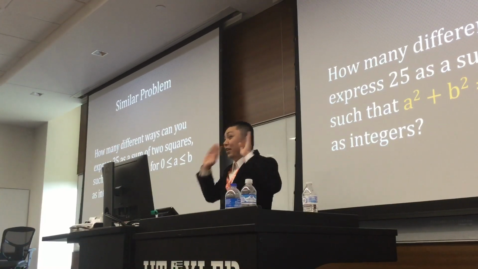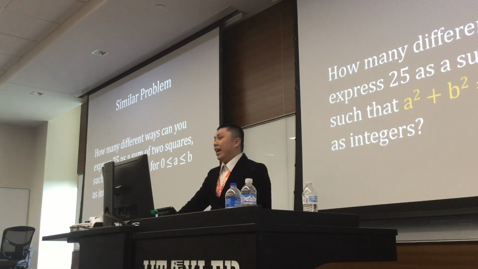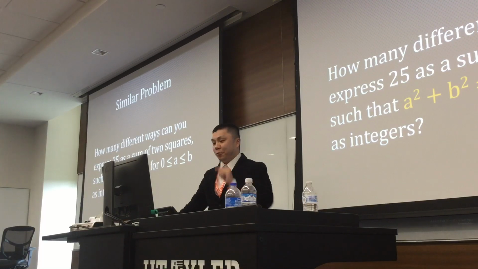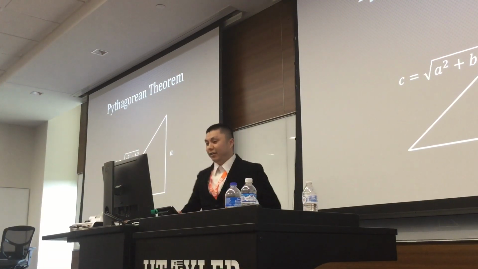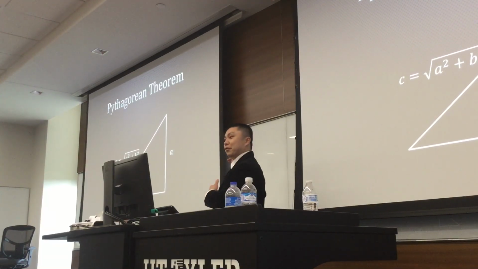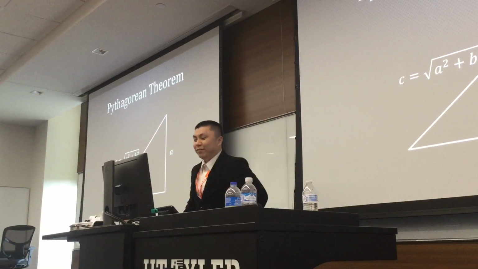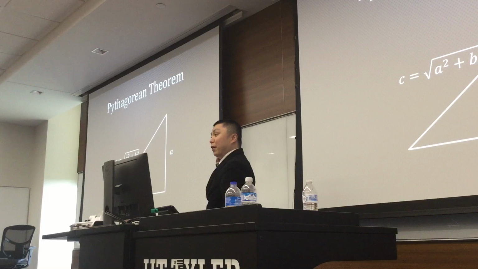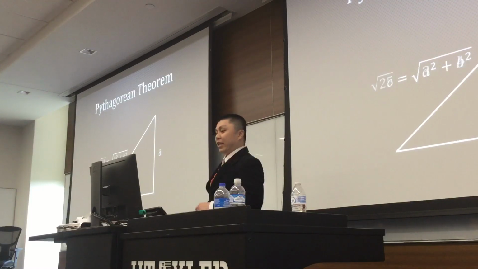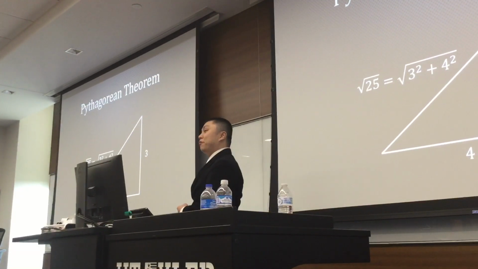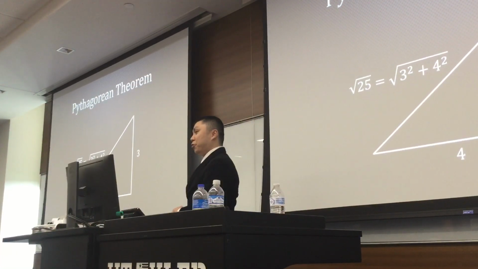I hear a bunch of answers, okay. I heard 3 squared plus 4 squared, and that reminds me of the Pythagorean theorem. And we already know this one, right? So when we have c squared to be 25, or c to be the square root of 25, I can express it as a sum of two squares, 3 squared plus 4 squared.